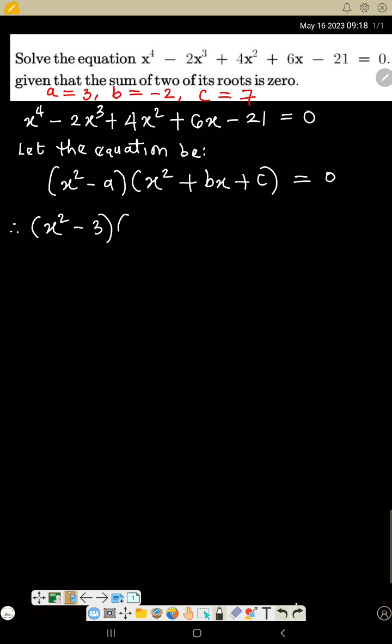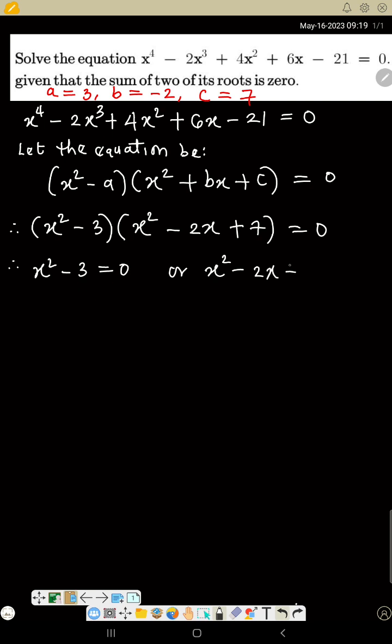So x squared minus 3 in brackets, x squared plus, so b is minus 2, so that will be x squared minus 2x, then c is 7, plus 7 is equal to 0. So solve the equation now. So we have x squared minus 3 equals 0, or x squared minus 2x plus 7 equals 0.